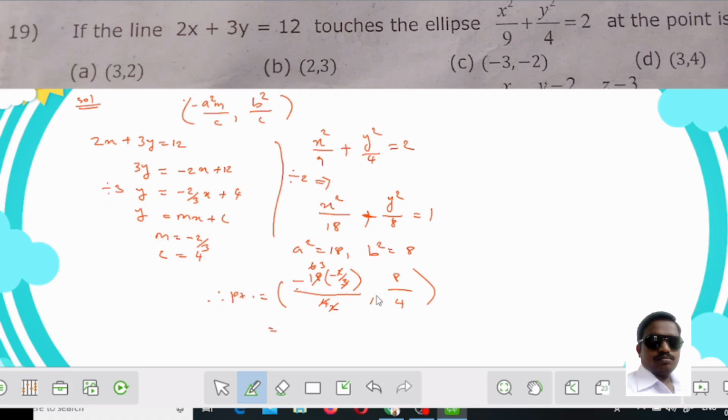Minus into minus is plus. Here, 2 4s are 8. So the point of contact is (3, 2). 3 comma 2 is the answer. So option A is the right answer.